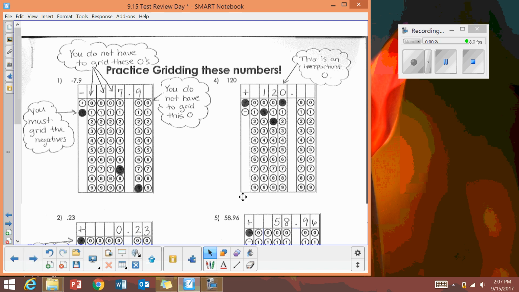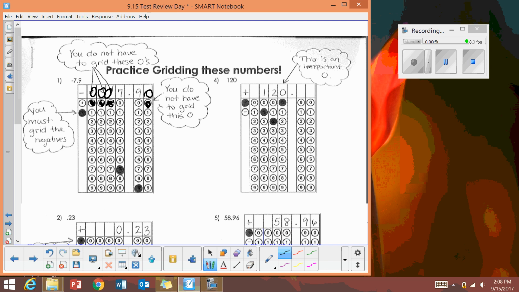understand how this works. So for example, it says practicing griddable with numbers, so we have -7 and 9/10. Now, looking here, a lot of students think that they have to put zeros in here. They put 0, 0, 0, 0, and then they bubble in these zeros here. Now, if you do that, it's okay.